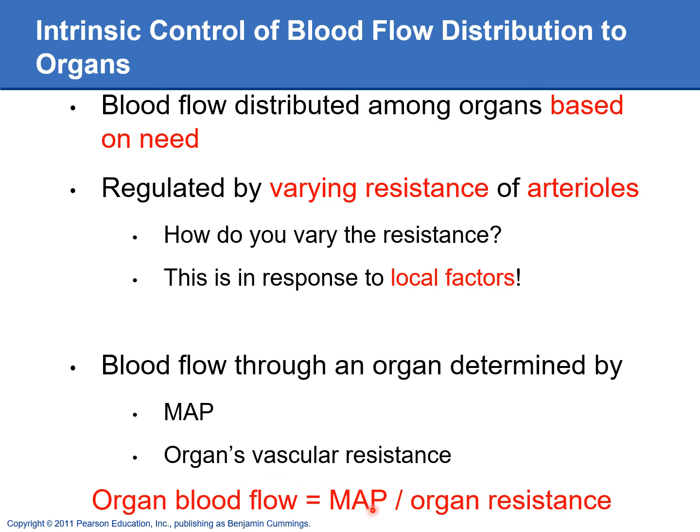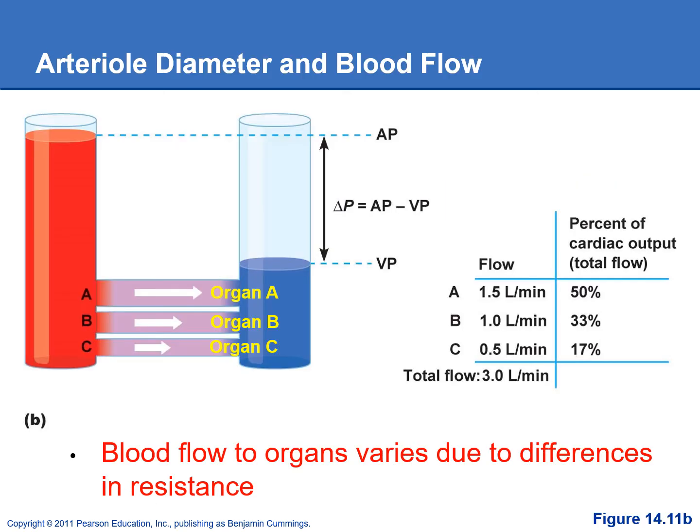And if you increase the blood pressure, then you will increase the blood flow to the organ. This is just an example showing you that you can vary the resistance to the organ by vasodilating and vasoconstricting, and that'll affect the blood flow.